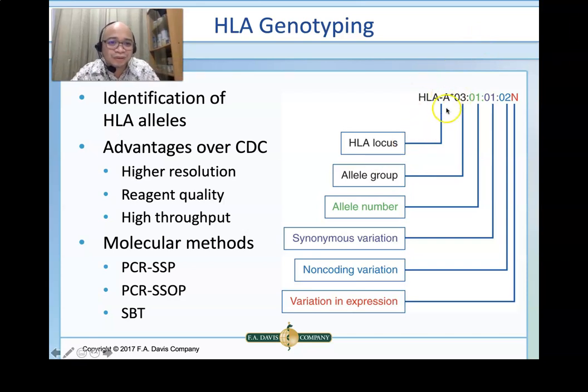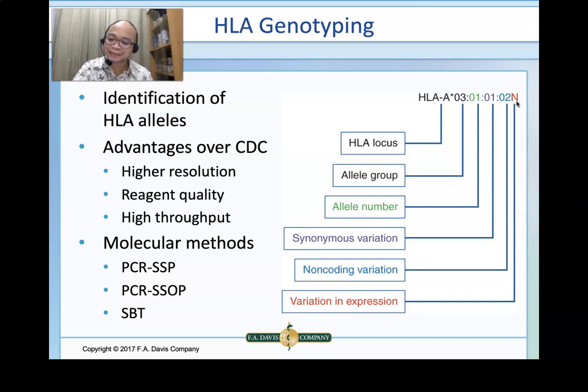For the HLA nomenclature, A is the locus because there are A, B, and C. The allele group is here, and 1 here is the allele number. Then this is the synonymous variation, this is the non-coding variation, and the letter N here is variation in expression.